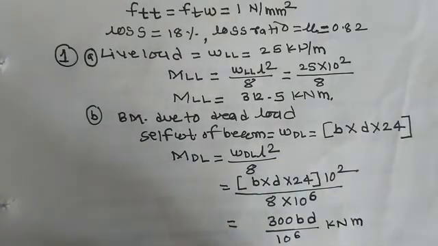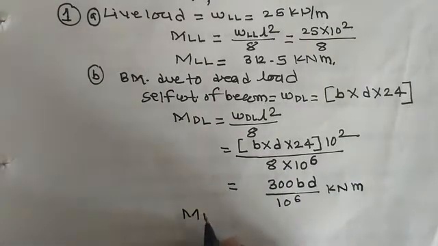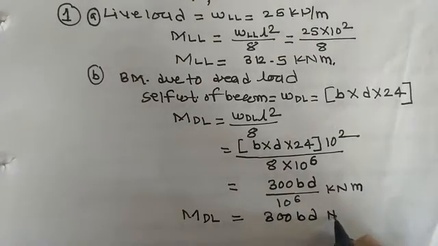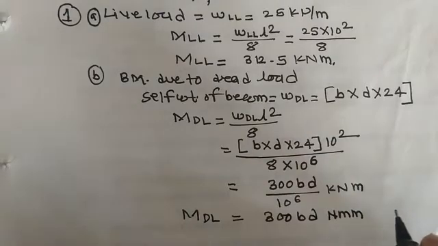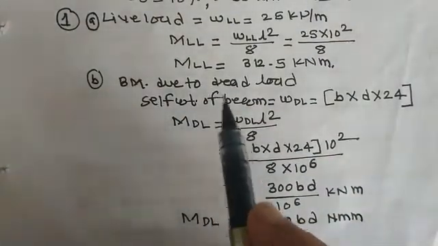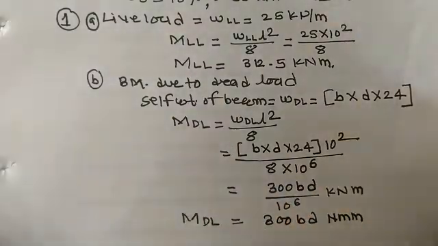So bending moment due to dead load is 300 into B into D, in Newton mm. So this is the calculation of bending moment due to dead load and bending moment due to live load.